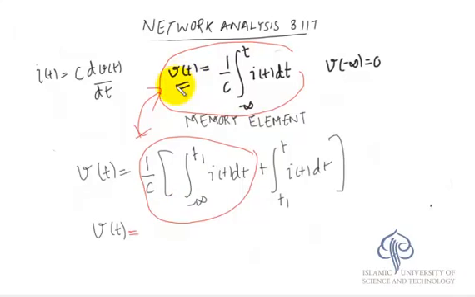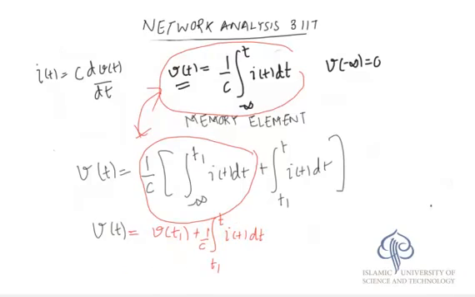Vt is the integral from minus infinity to t. So this is the voltage at T1. So you can write this as Vt1 plus 1 by C, integral from T1 to T of It dt.